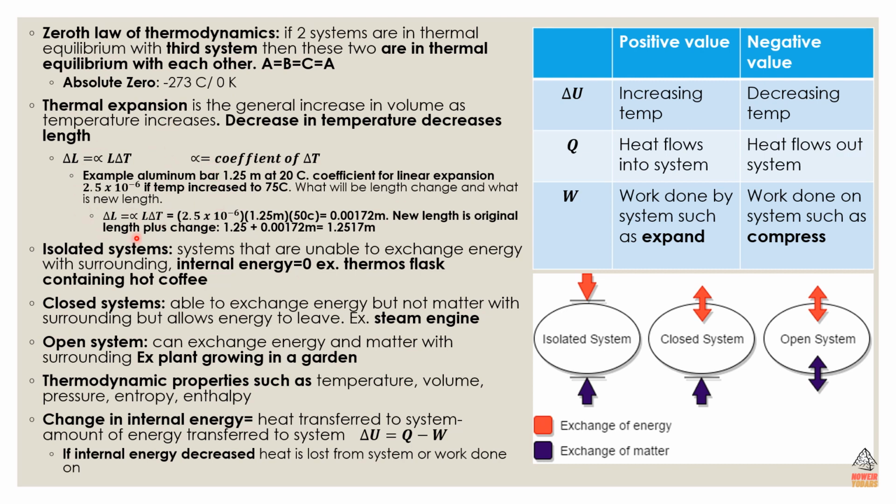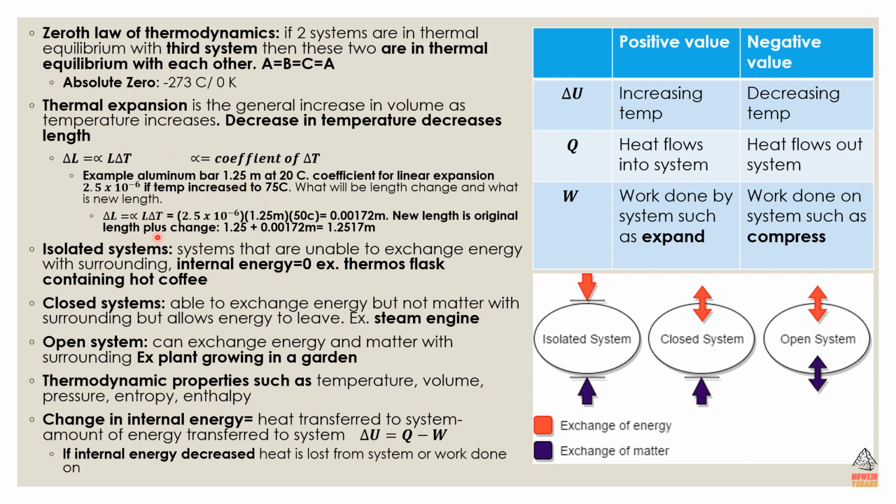So we have an example here. We have an aluminum bar at 1.25 meters, which is the length, at 20 Celsius. So that's the initial. And the coefficient for the linear expansion is 2.5 times 10 to the negative 6. If temperature is increased to 25 Celsius, what will the length change be and what is the new length?